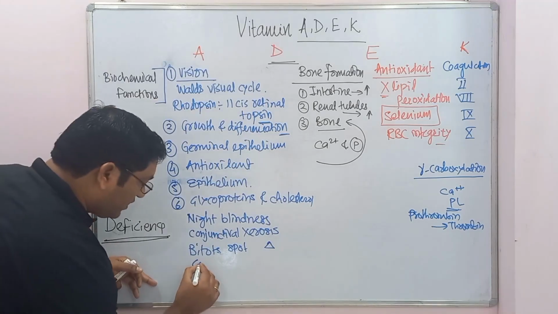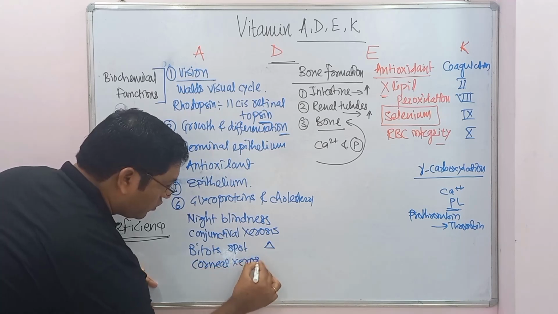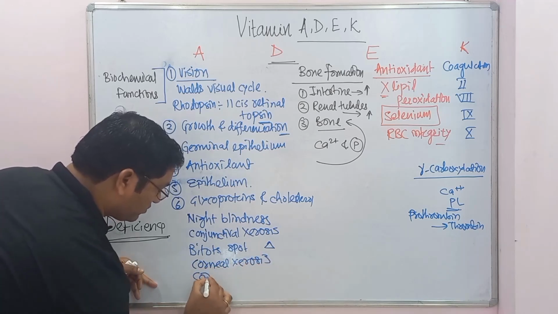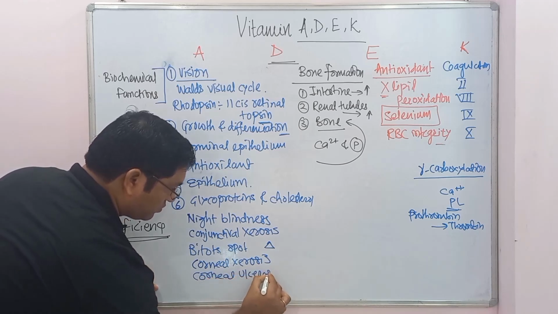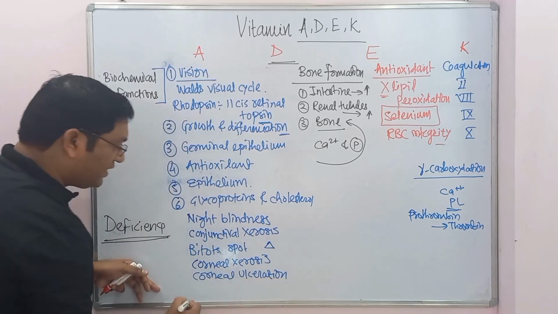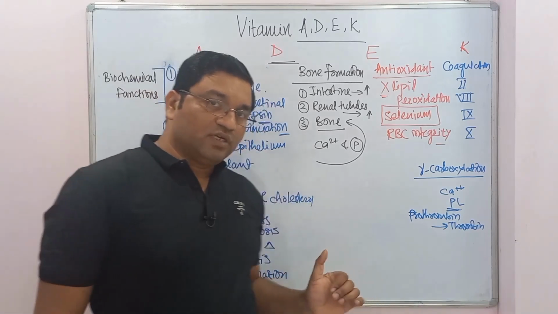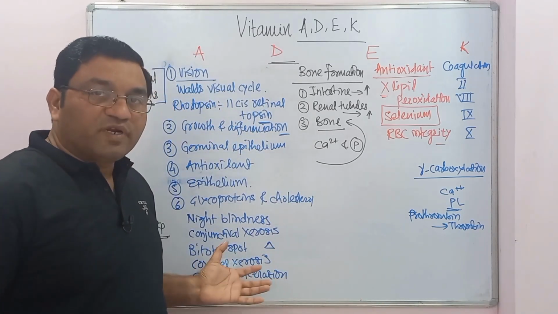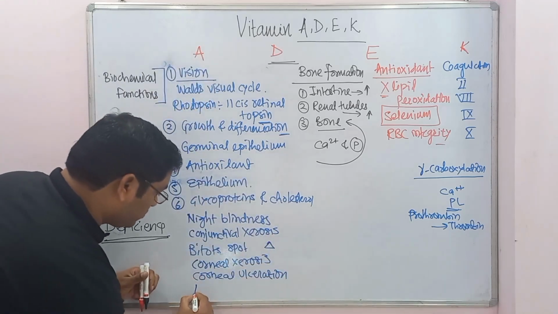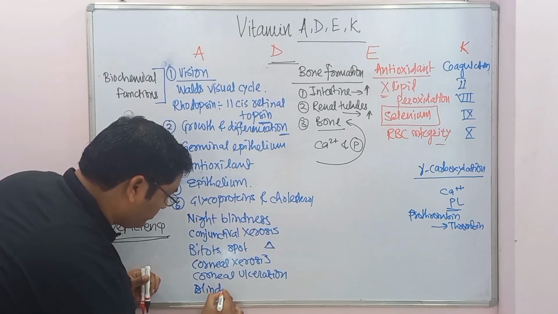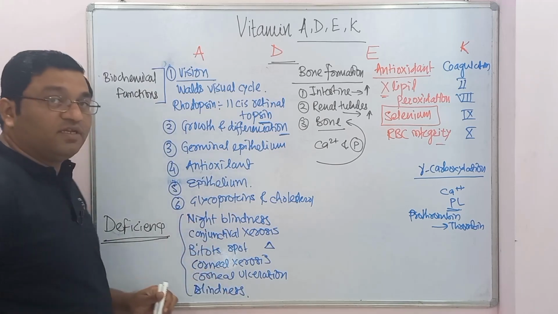Then corneal xerosis followed by corneal ulceration, and blindness. This is the most common cause of preventable blindness, vitamin A deficiency. So this is important for blindness. So these are the deficiency manifestations of vitamin A.